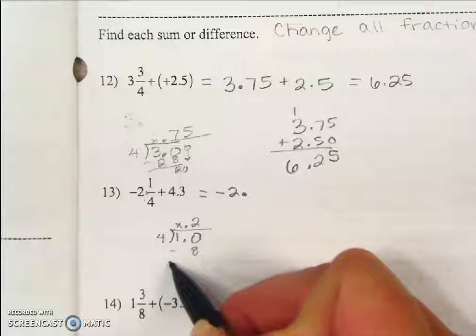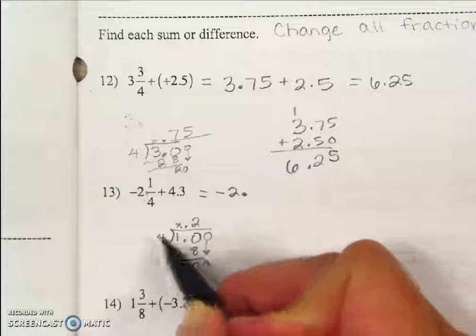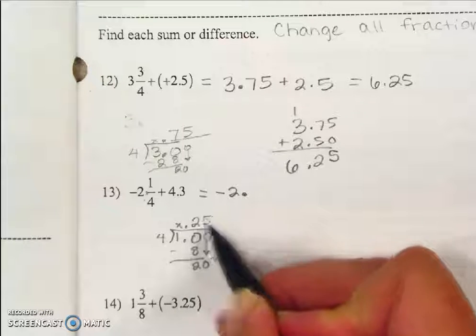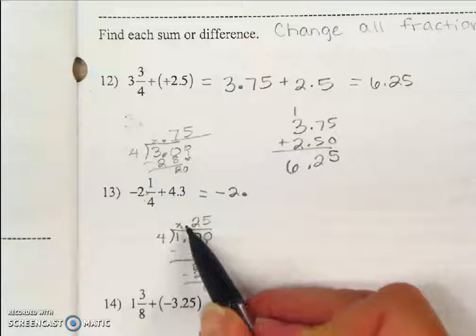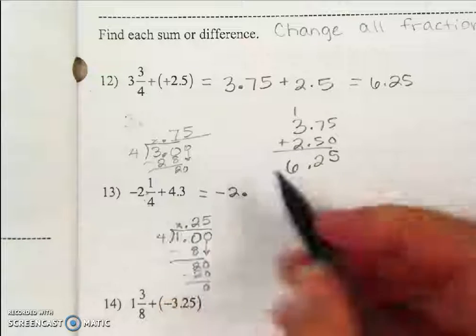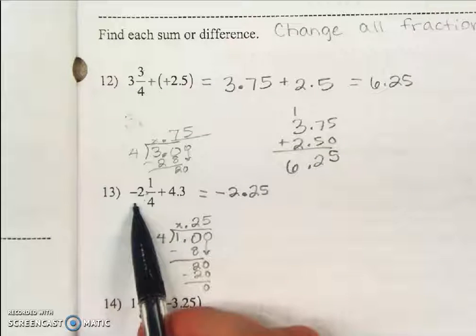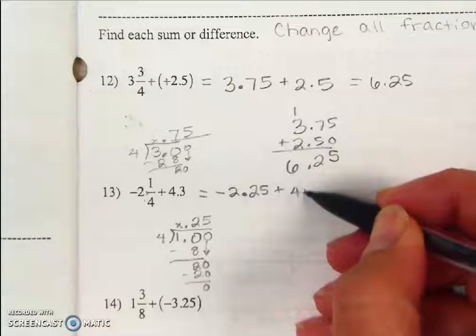That gives me 8. I would have 2 left over. So 0, bring it down. And how many 4s can I take out of 20? Well, I could take out 5 groups of 4. And I would have nothing left there. So that means the decimal part of this would be 0.25. So that really says negative 2.25 plus 4.3.